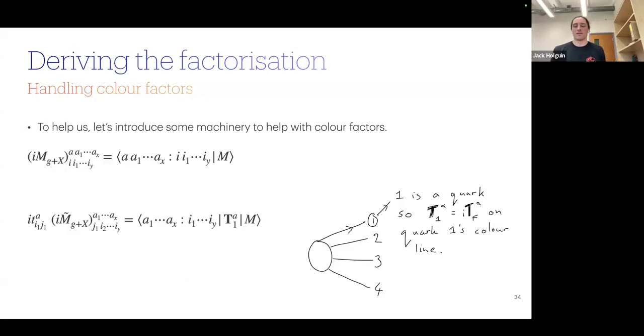And so the easiest trick to do this is to remove the indices altogether and think slightly more abstractly. So let's think of this matrix element with all these color indices to produce a gluon plus anything else, that's X in here, as a projection of an abstract matrix element, which is now some abstract tensor in a color space, projected onto a set of colors, onto those particular indices.